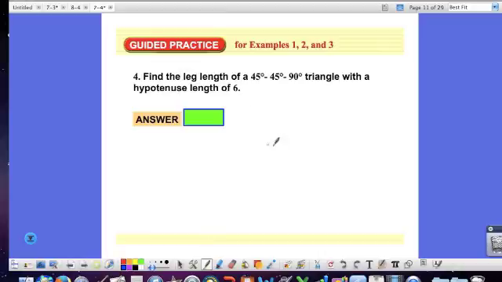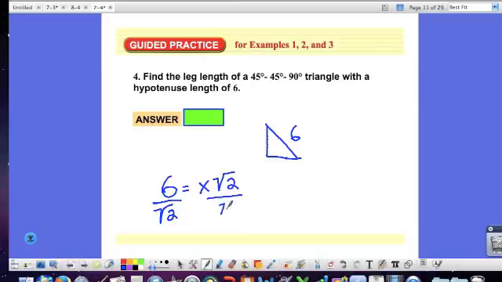Find the leg length of a 45-45-90-degree triangle with a hypotenuse of 6. So 6 is going to be equal to x radical 2. In order to do this, I'm going to divide both sides by radical 2.